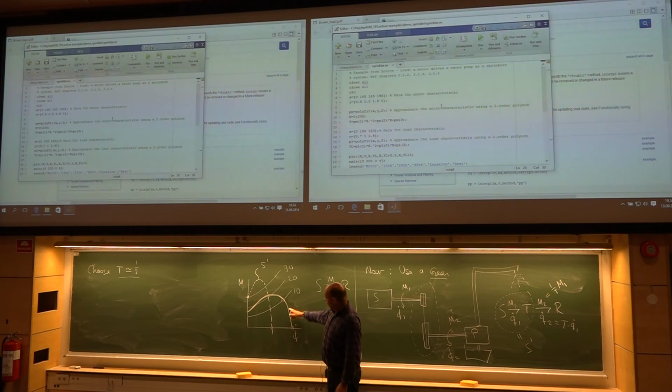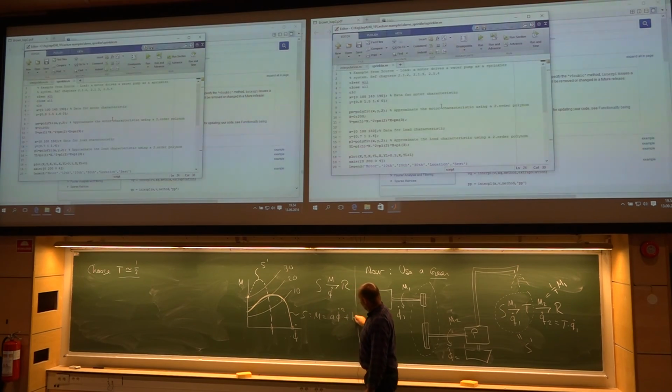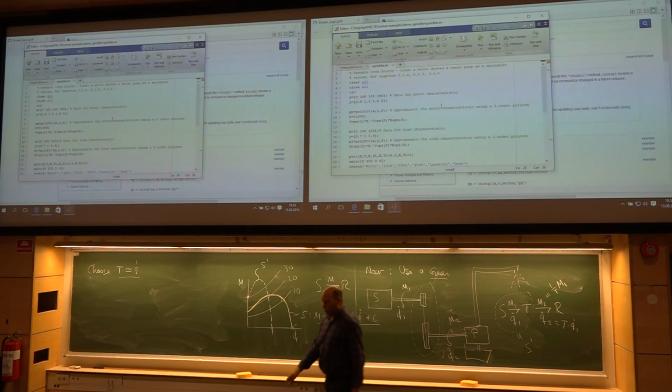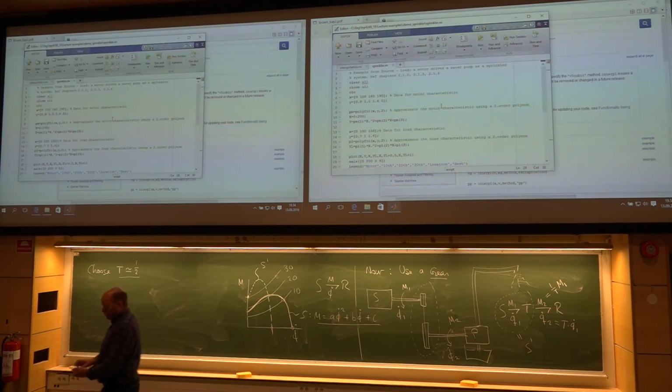Say this function here, the source. For him, the m equals, say, coefficient a times phi dot square plus coefficient b times phi dot plus coefficient c. Then you have a second order polynomial for him.